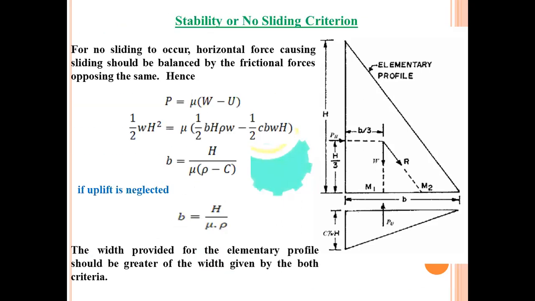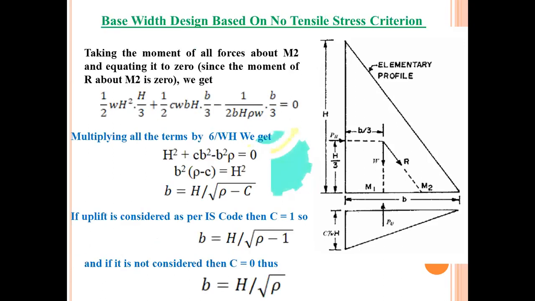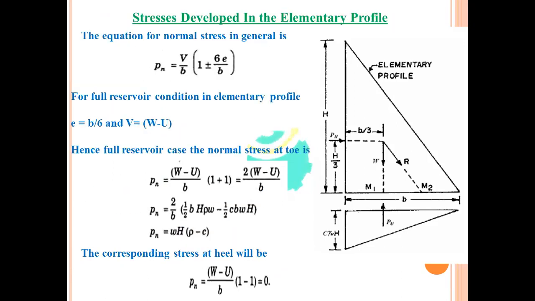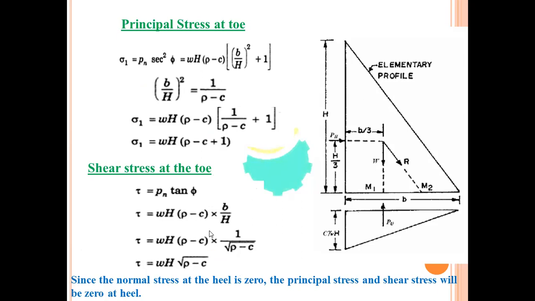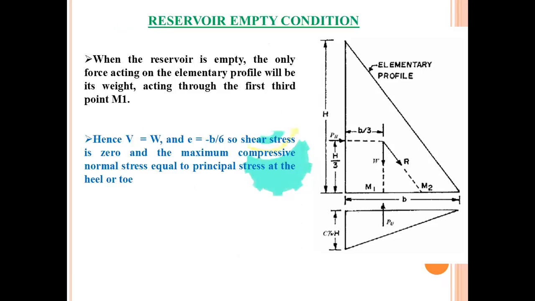Here we get the base width value H by square root of rho minus C. Substituting this in the B by H, we will get WH square root of rho minus C. So this is the shear stress. Since the normal stress at the heel is 0, automatically principal stress and shear stress will be 0. So all stresses are calculated at toe only because at the heel part it is 0.